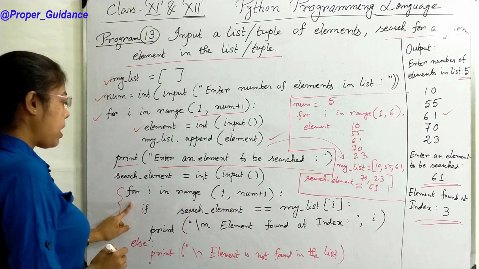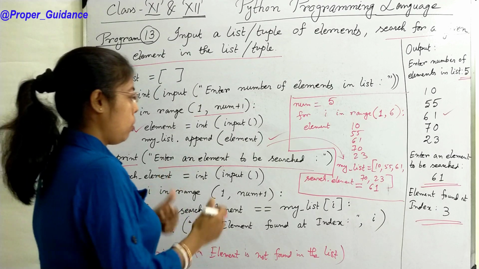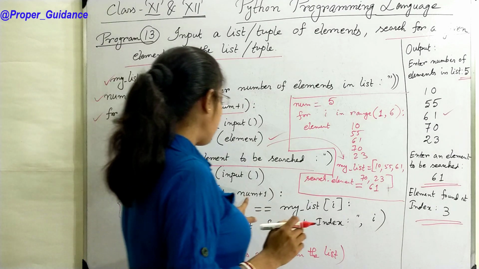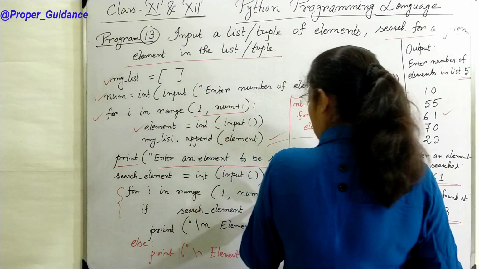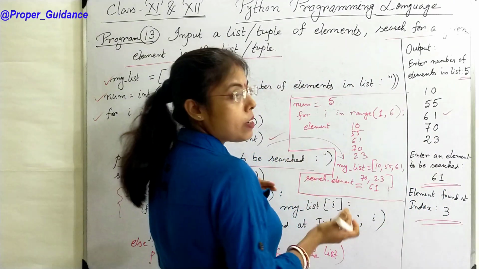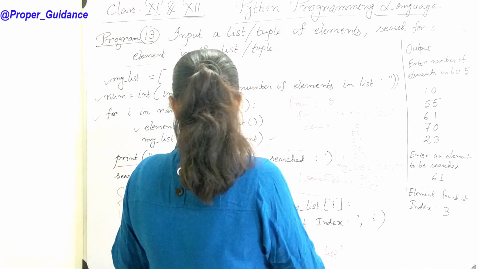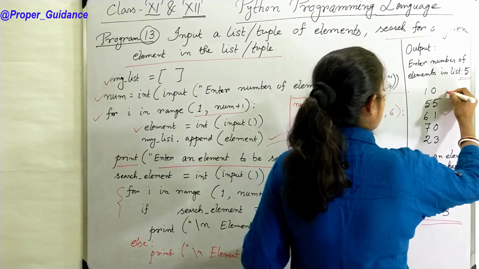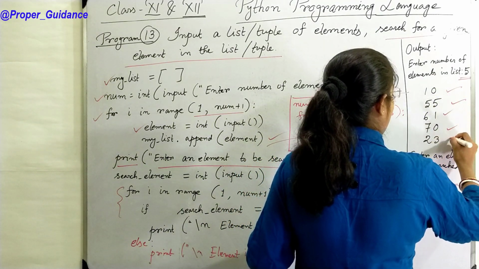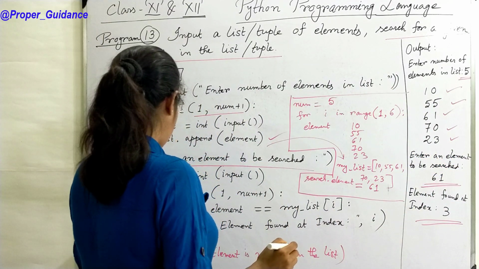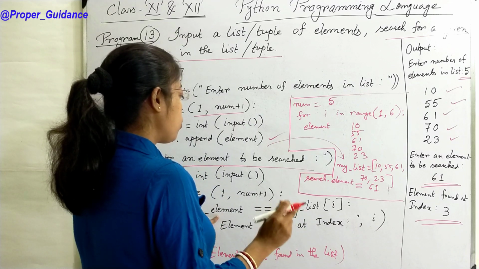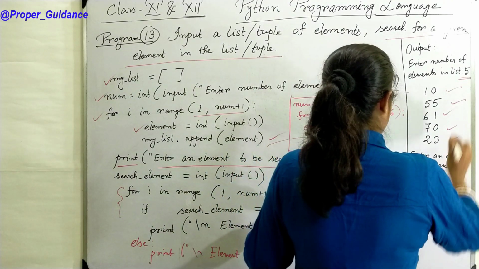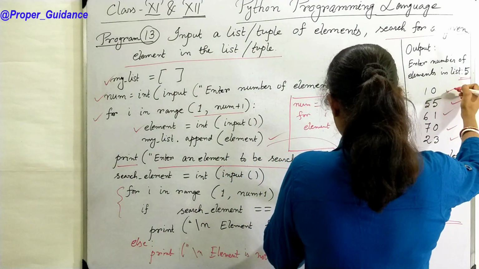Next step, there is another for loop, and it is checking where the search element 61 is. I starts from 1 and goes up to 6 again. 1 to 6 is the range, and it will search 5 elements, 1, 2, 3, 4, 5 positions. It is checking right there. If search element equals my list I, the first element, my list 1, what is the position? I equals 1.